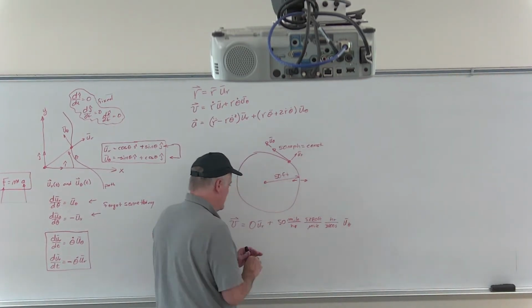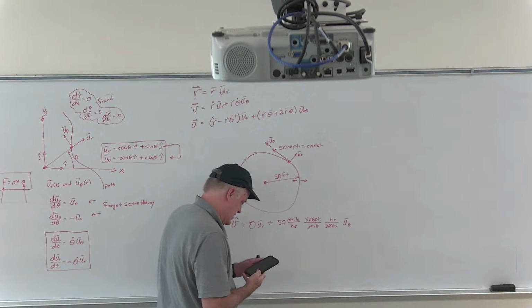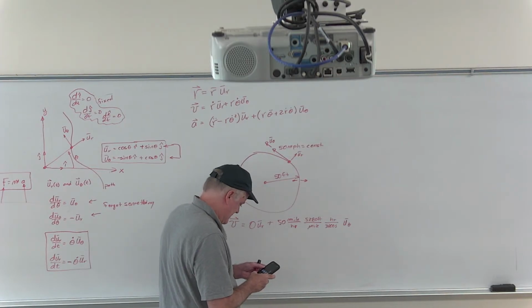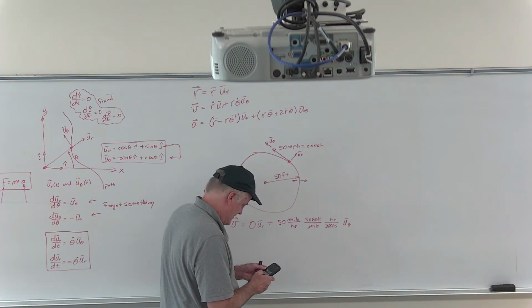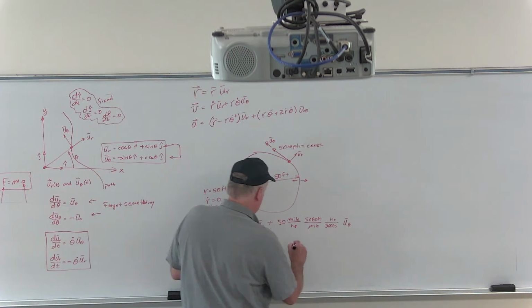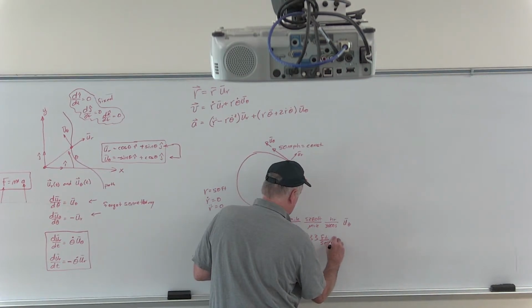So this is you going 50 miles an hour, which is the equivalent of, if I can operate my phone sufficiently well, about 73.33 feet per second U theta.